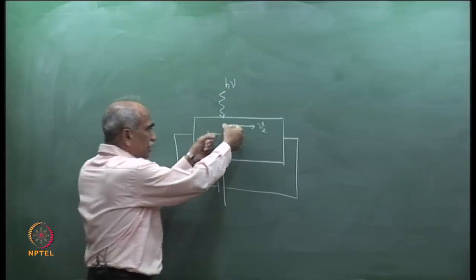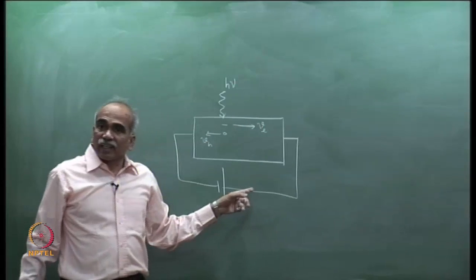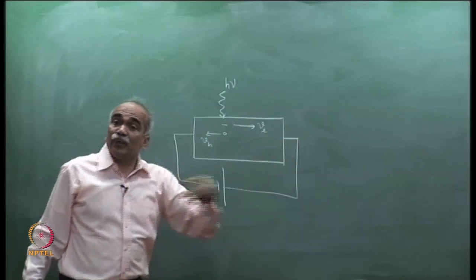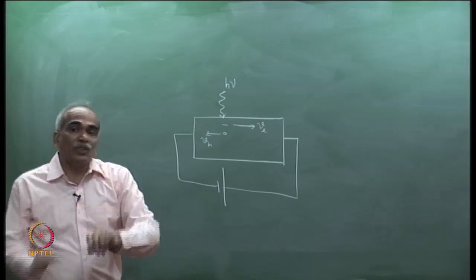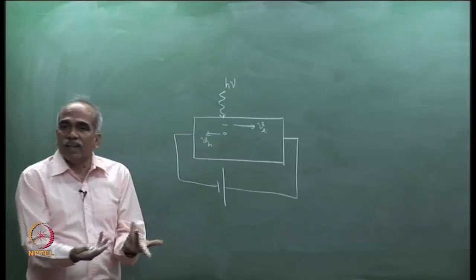As soon as the carrier starts moving in the medium, there is current in the circuit. It is not when it is collected you get current. Once it is collected, then it has gone into the conductor, no more current there.